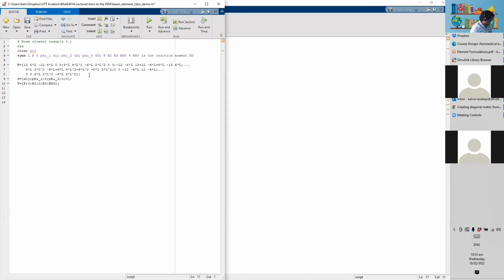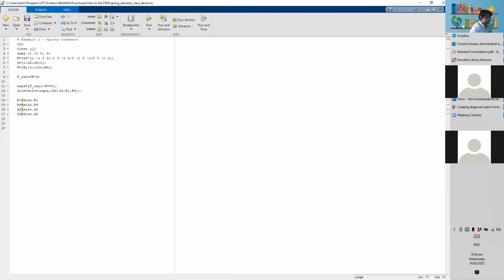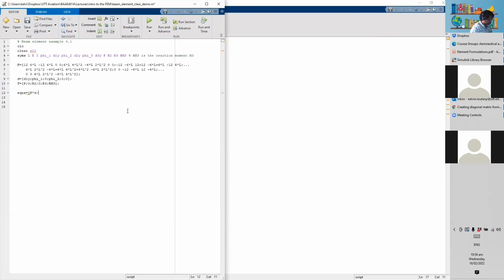So we could say the equations that we want to solve is that. So this is the equation, right? KD is equal to F, so KD minus F equal to 0.